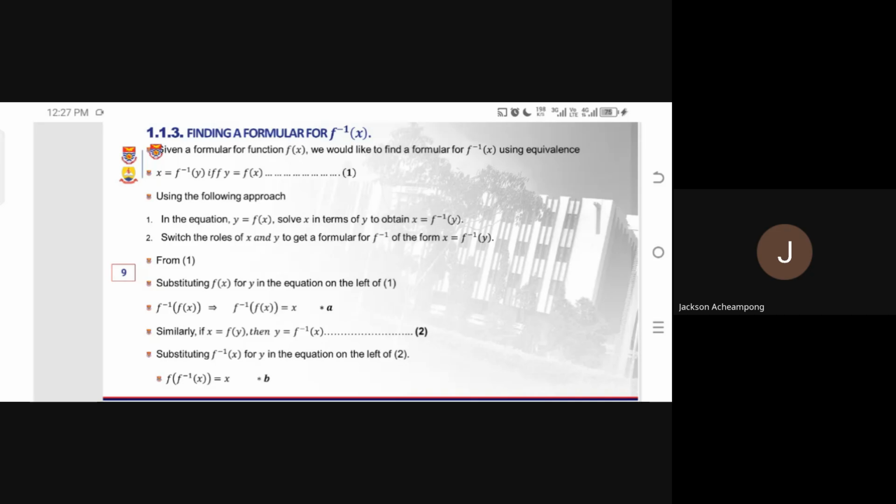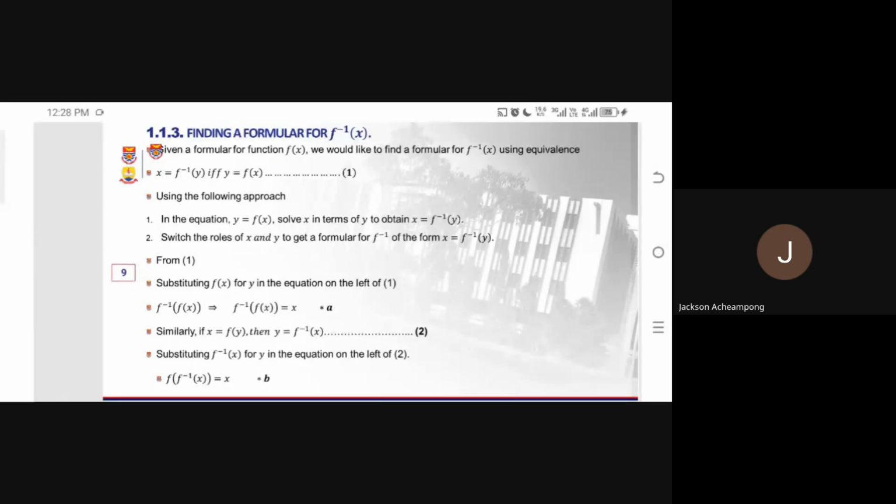You have a function f of x equal to y, and then you switch the positions of x and y, because you are finding the inverse. Then you make y the subject.